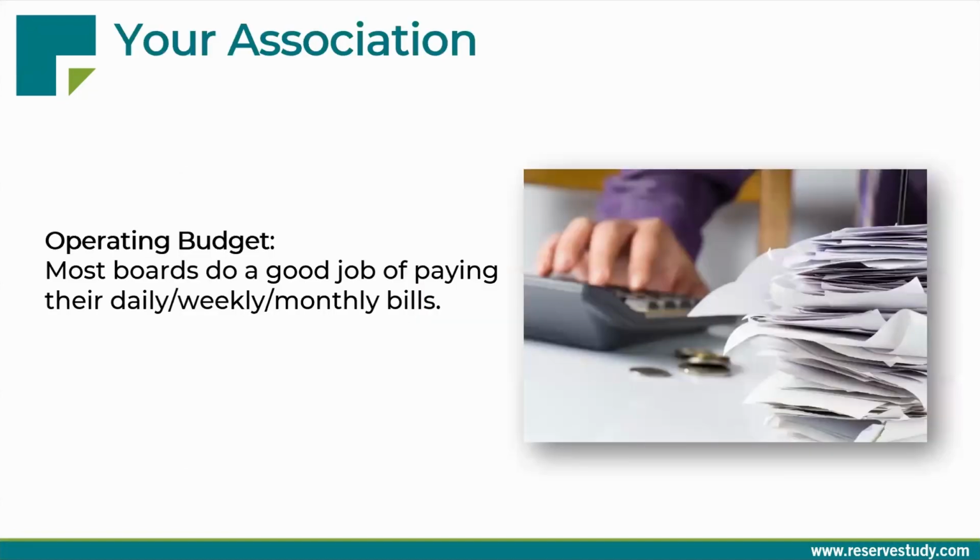Well, generally, boards are pretty good at paying those monthly bills. They arrive in the mail, via email, on a regular basis for the services rendered, things that you use up: the electricity, water, insurance, janitorial, then depending on your association, landscaping, management. Bottom line is every month these bills arrive and they need to get paid.